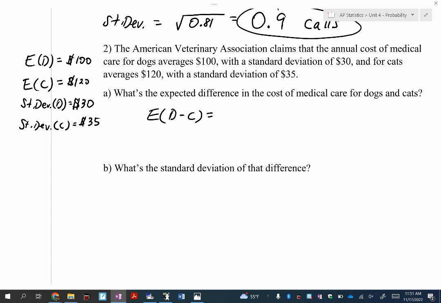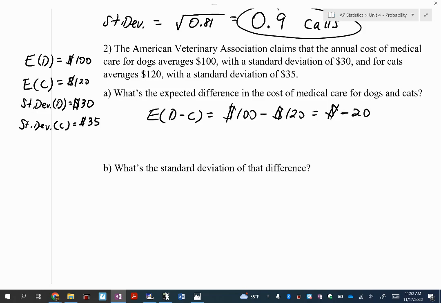You can subtract means. There's nothing wrong with that. All right. So the expected value for dogs is 100. For cats is 120. What happens when you subtract that? You get negative 20. So we expect cats to cost more than dogs per year by $20 in terms of their vet costs. All right, that's hopefully not the part you get tripped up on.